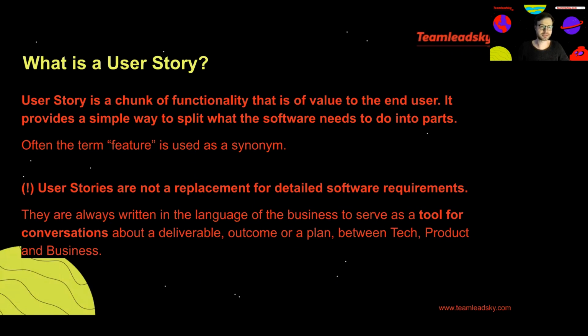They're always written in the language of the business, and they're used for referring to a certain functionality of the software system, which is convenient when you need to discuss what has to be done, build roadmaps, prioritize with different stakeholders, and you need an easy way to refer to a certain chunk of functionality.